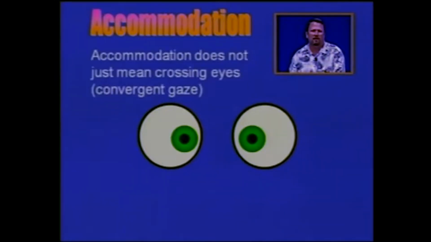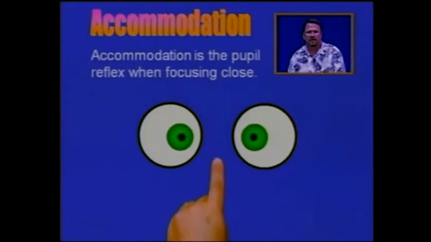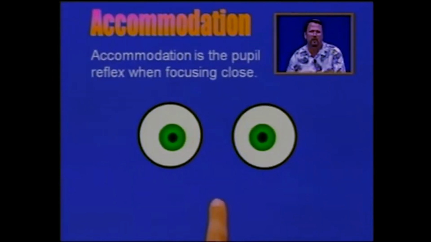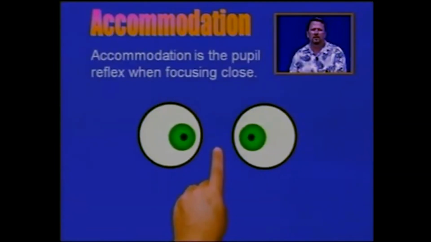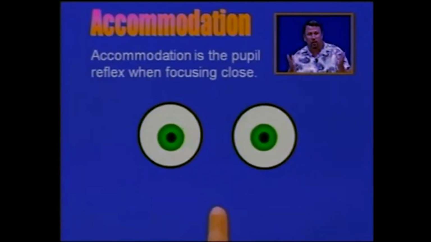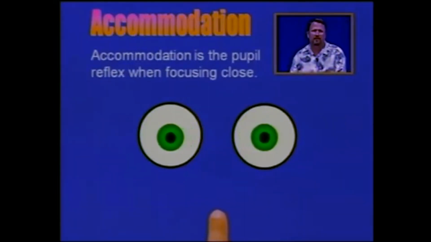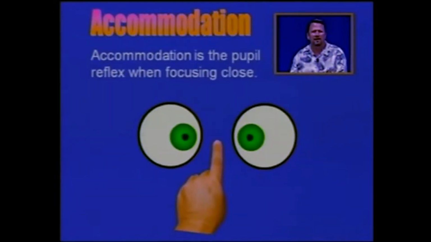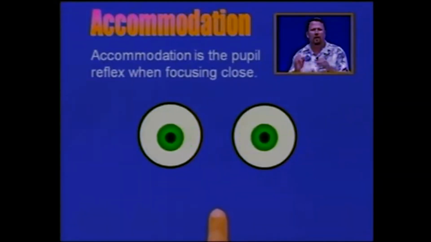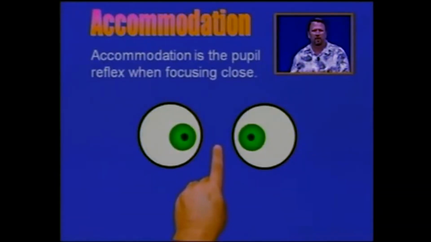Accommodation is more than just crossing the eyes. Crossing the eyes is called a convergent gaze. Accommodation is actually the pupillary reflex that occurs when focusing close. Actually, the whole thing is accommodation, but one of the most important parts of accommodation is that as the eyes focus close, the pupils get smaller.